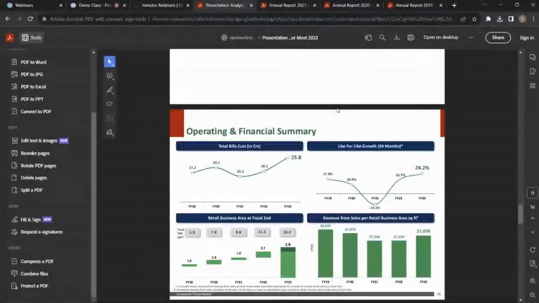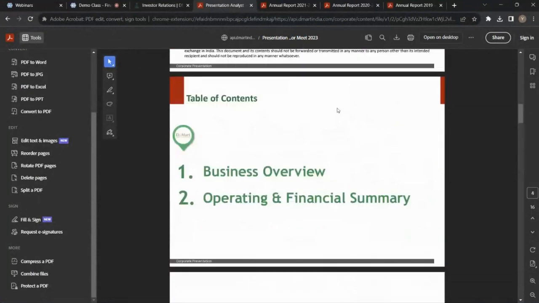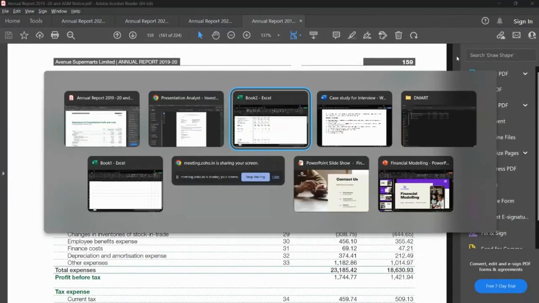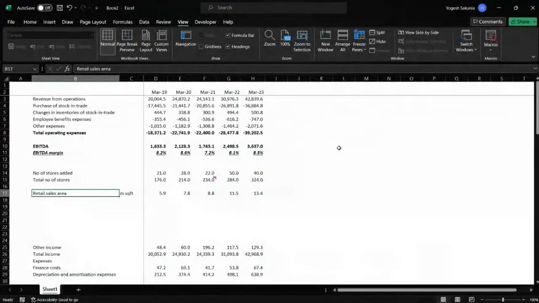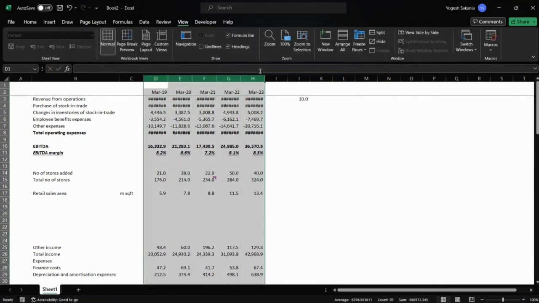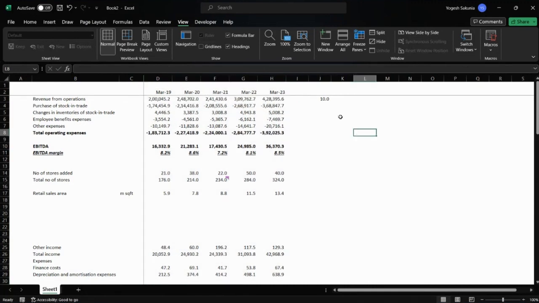All the revenue data that we have taken is in crores. If we want to work with crores, we can just work with crores, or we can convert this data into millions. I will convert the data into millions by multiplying by 10.